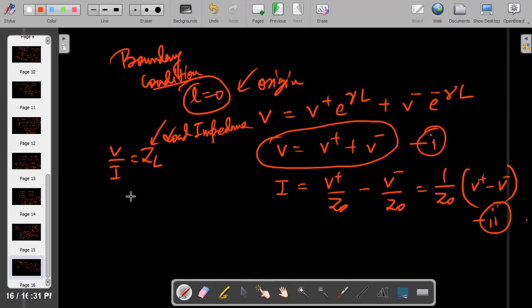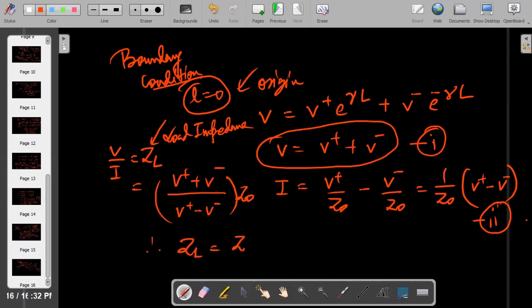Load impedance is equal to what? Not cancelled. V plus plus V minus divided by V plus minus V minus, and 1 by Z naught, so it will be Z naught. So ZL is coming Z naught into V plus plus V minus divided by V plus minus V minus. I think it is understandable.